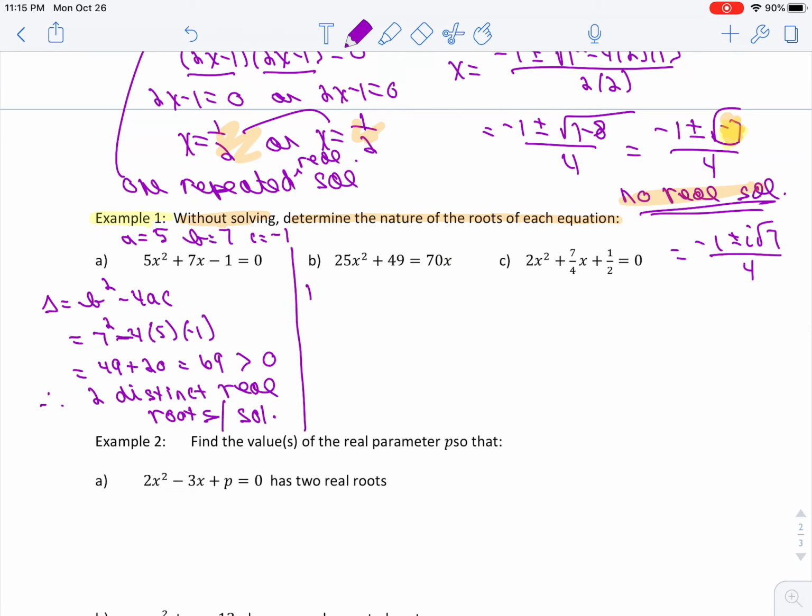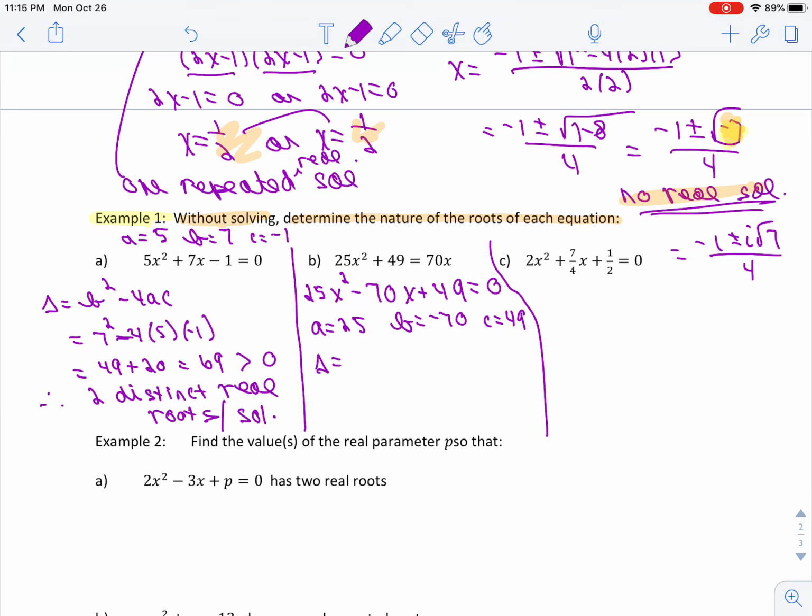All right, for b, first we need to get it into a regular quadratic form. Ax squared plus bx plus c is equal to 0. So I'm going to subtract the 70x from both sides. And again, we just want to look at the discriminant. So a is 25, b is -70, and c is 49.